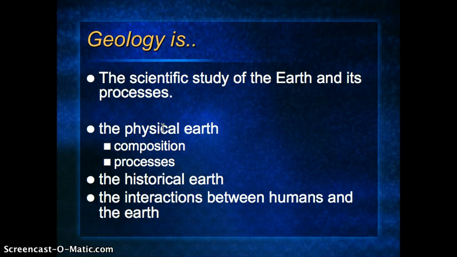We take our understanding of the physical earth and of the historical earth, what kinds of things have happened in the past, and we apply that to hazardous processes and the interactions between humans and those hazardous earth processes. That's the general scheme of what we want to do in this class and how we're going to approach our examination of hazardous processes.